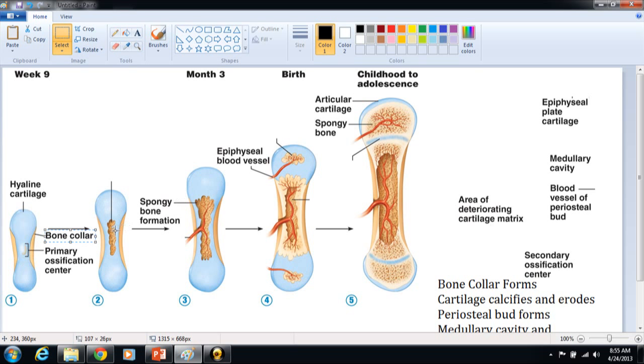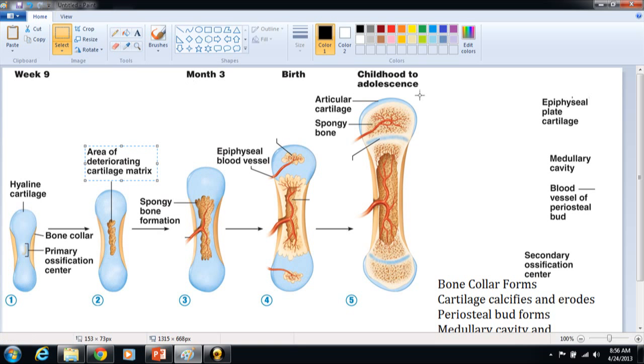Okay, the second step is the cartilage in the middle calcifies, and it starts to erode, forming cavities within your cartilaginous scaffold. Okay, but this is not the medullary cavity. This is just cavities being formed by the calcifying cartilage. Okay, the medullary cavity is formed later.